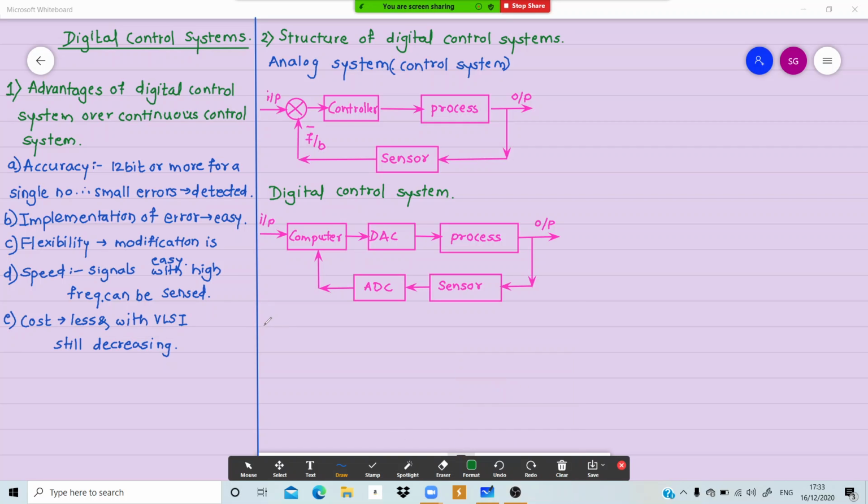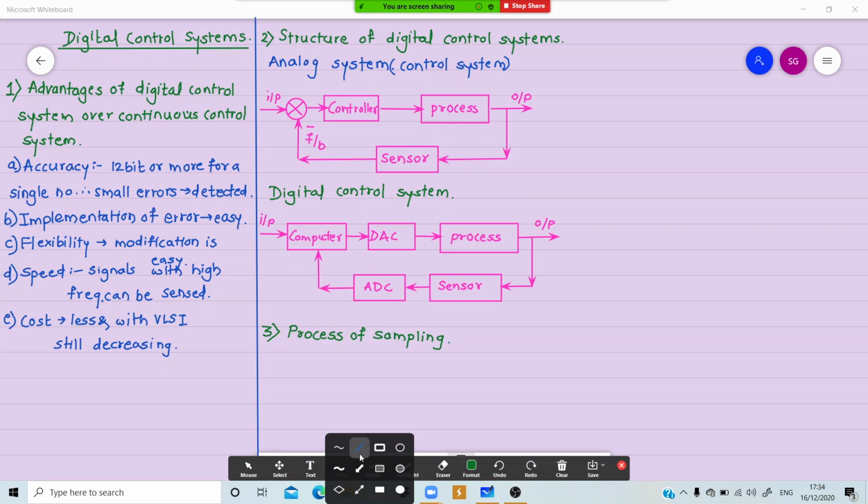Now third point, first we had seen advantages, then what is the structure, then see, you're having ADC, means what? How you are converting analog signal into digital signal, right? That is called the process of sampling. Sampling is done over here.